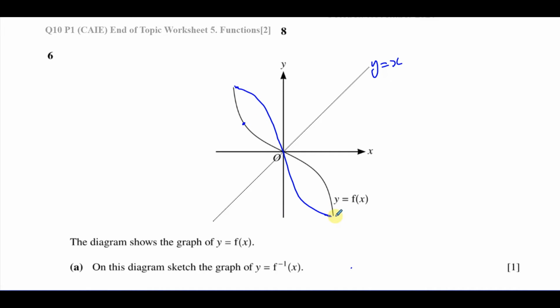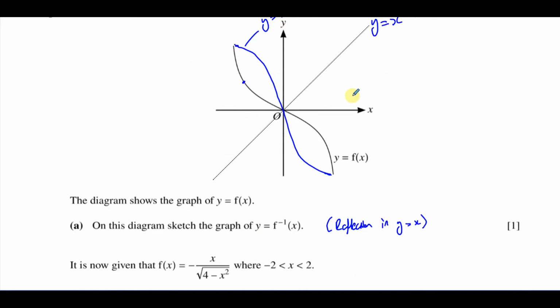They would meet over there, I guess, from the way this looks. So this blue line is the line y equals the inverse of f of x. You can say reflection, you don't have to write this down. But it's a reflection in the line y equals x. Okay, so that's part A, sketched there.